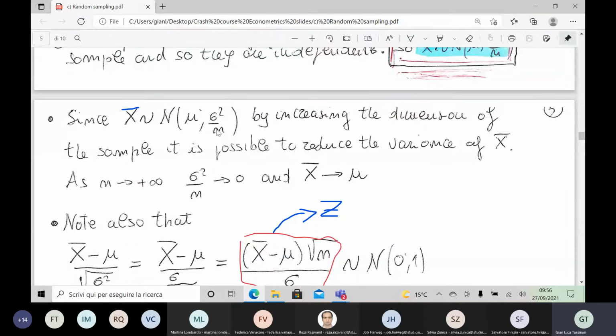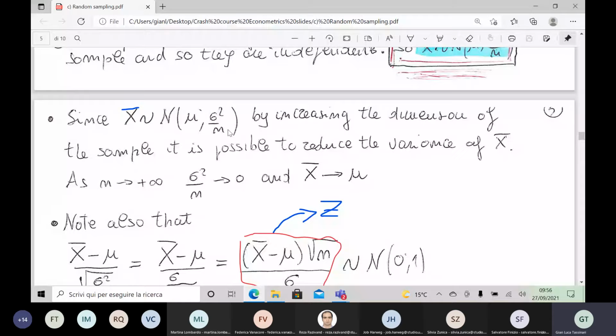If the variability around the mean tends to 0, this means that x bar will assume the value equal to mu. But reason with me: what does it practically mean that n tends to plus infinity? This means that your sample tends to be your population.